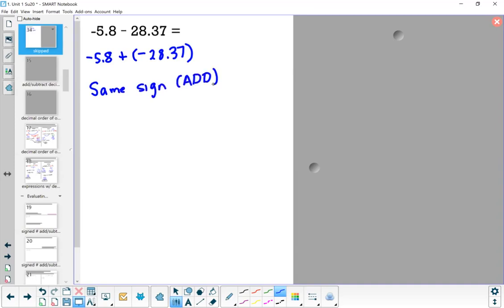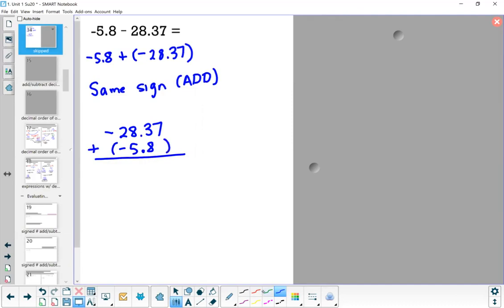Add. All right, so I'm going to line these up vertically because that is my preference. Okay, notice how I lined up by place value.